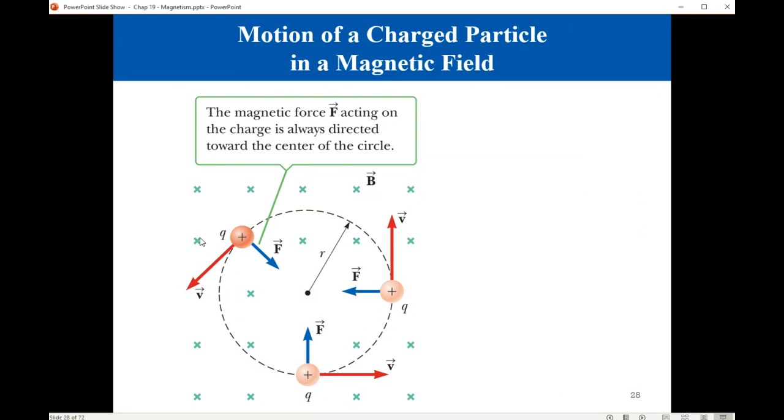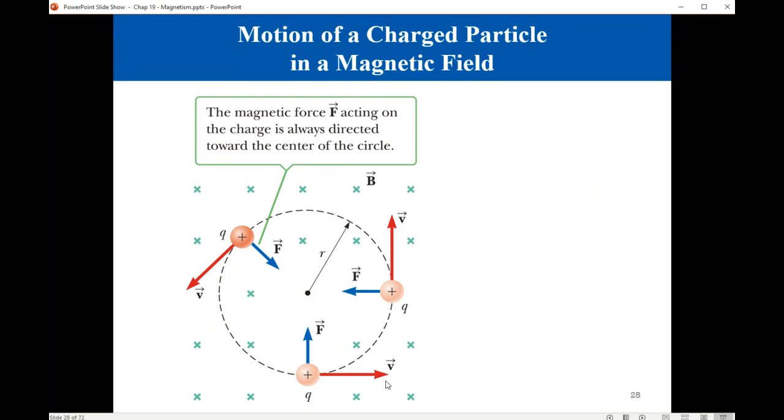This X means that the direction of the B field is going into the screen. On the other hand, we use a dot to tell us that the direction is coming out of the screen. So the field can be into the screen or out of the screen. If it is into the screen, it will be represented by these X's. If it is out of the screen, it will be represented by dots.